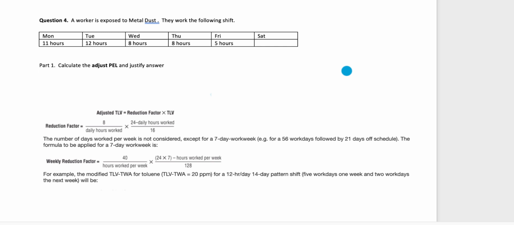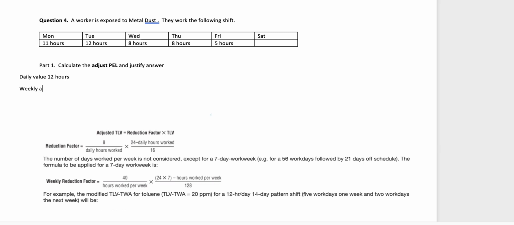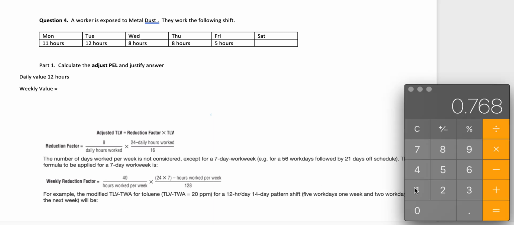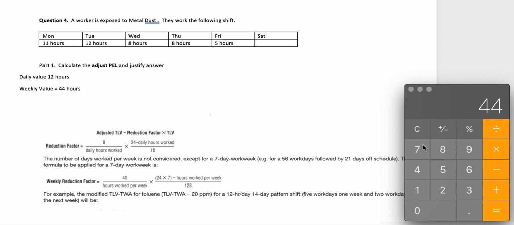So for our daily value, 12 hours is the longest work day, and for the weekly value, let's see how many hours this person worked in a week. 11. And now we simply plug those values into the equations that you see below. To get full credit in class, you would need to write the equations.